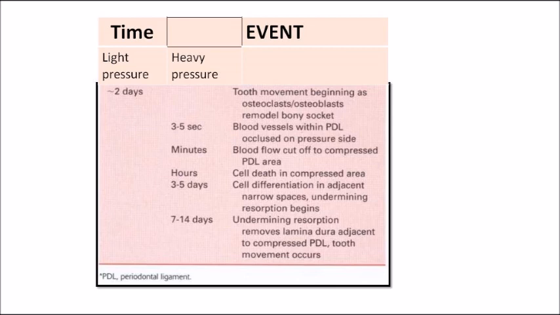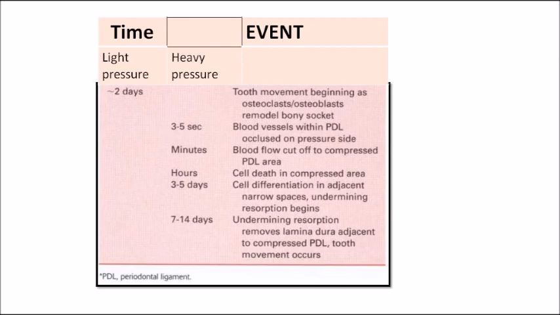Now when the blood supply is cut off and the cell death occurs, this necrotic area will become like a hyalinized zone, because histologically it gives that appearance. So this zone is referred to as hyalinized zone. There is no hyaline tissue present in that zone as such, but it gives histologically a hyalinized zone appearance. So this is happening after a few hours of heavy pressure.